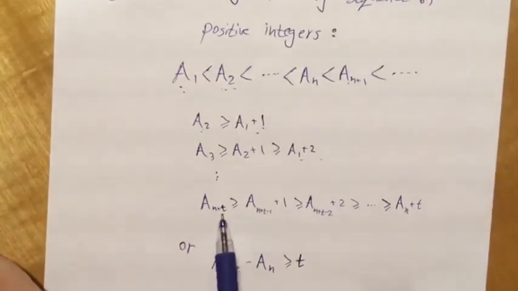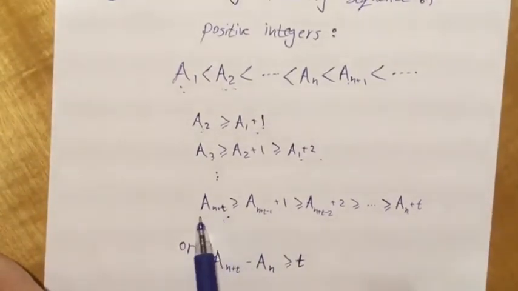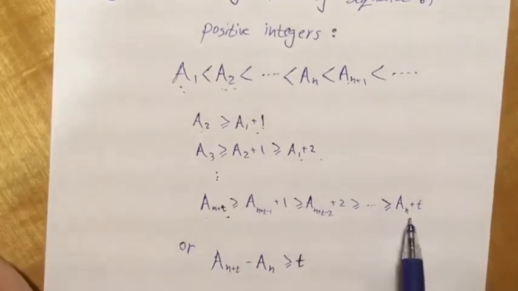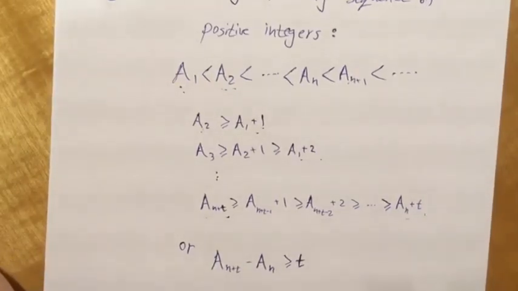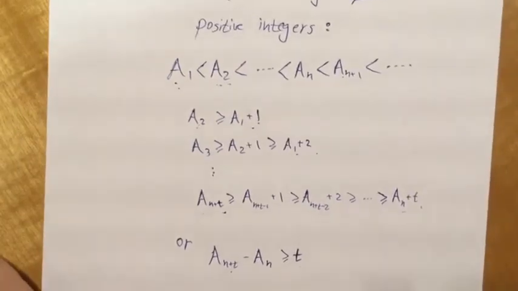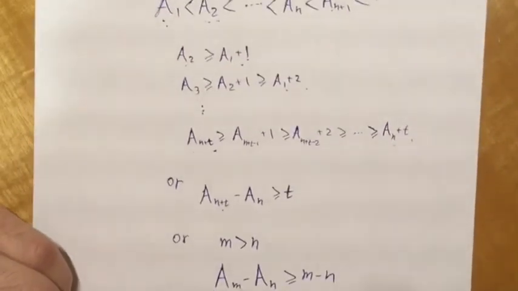In particular, if we're going down from An+t to An, then the value is going down by at least t. That can be rewritten as An+t minus An is at least t. Or equivalently, for any m strictly bigger than n, we know that if A is a strictly increasing sequence of positive integers, then Am minus An is at least m minus n.